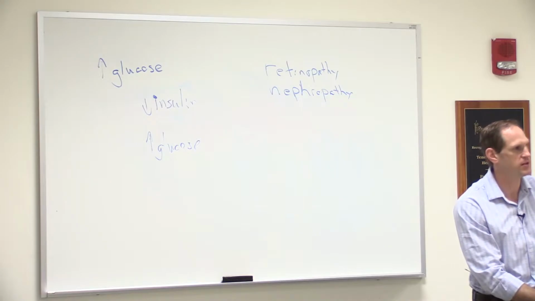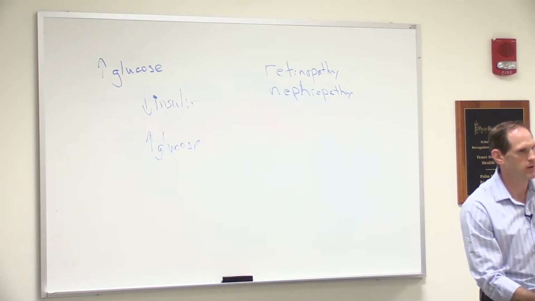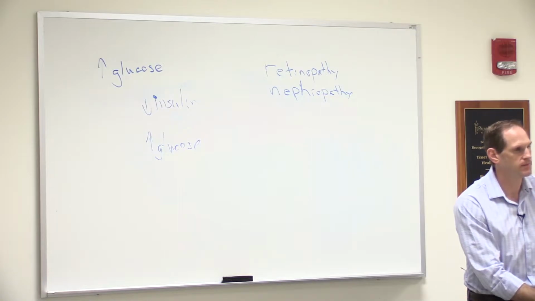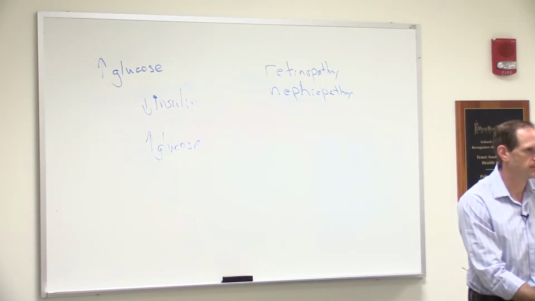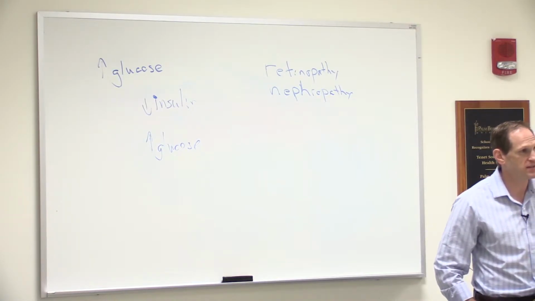What's the number one protein in your blood? Albumin. So what's the difference between proteinuria and microalbuminuria? It's more specific? No, it's more sensitive. It can detect smaller amounts of protein. Now, the microalbumin test is more expensive.